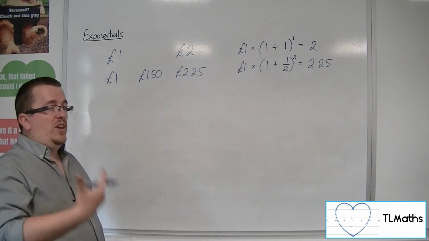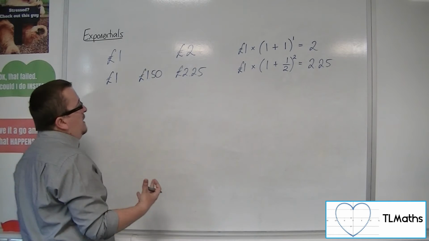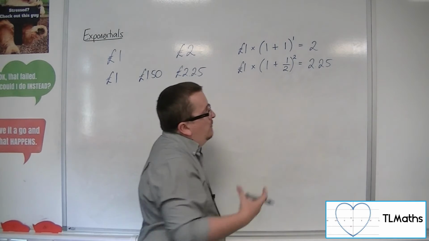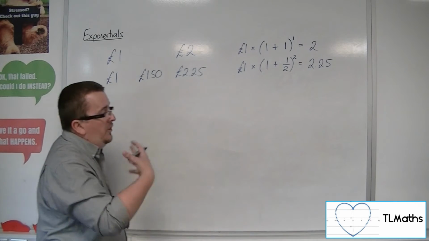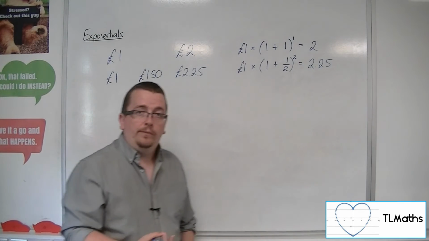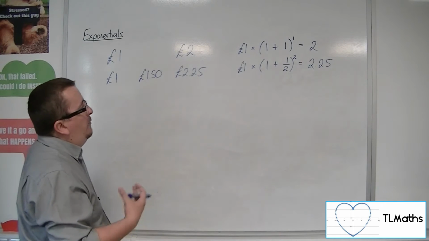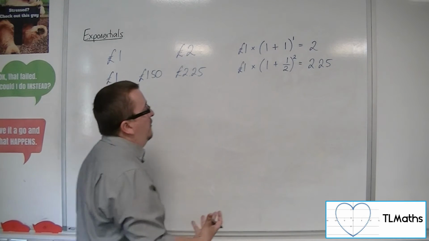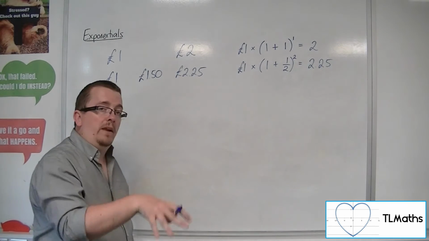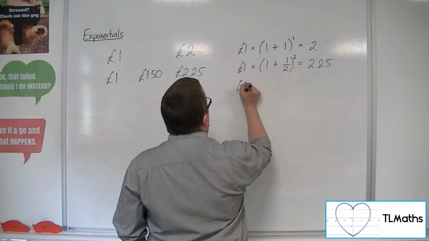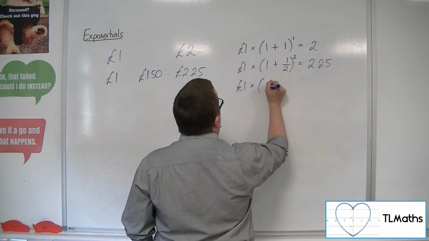So now, if we continue this concept, okay, because it appears that we're earning more if we're subdividing the year into smaller categories. So let's say we split it up into 12 months of the year. So actually the interest was calculated every month. So we'd have the £1 invested.